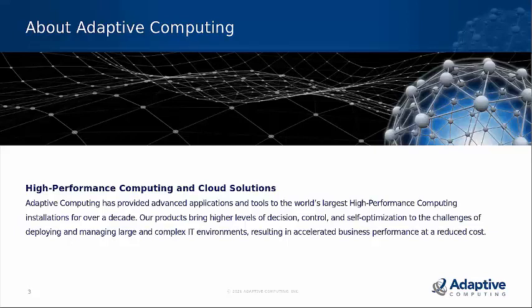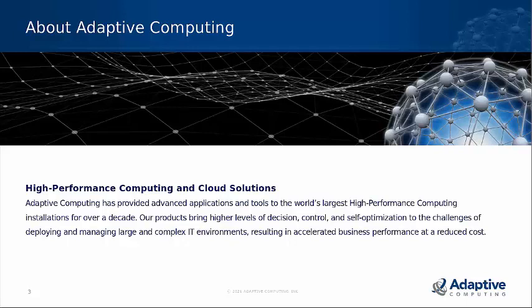For people that are not aware of Adaptive Computing, we have come a long way in the high-performance computing industry, and we've got some advanced applications and tools to assist high-performance computing environments.